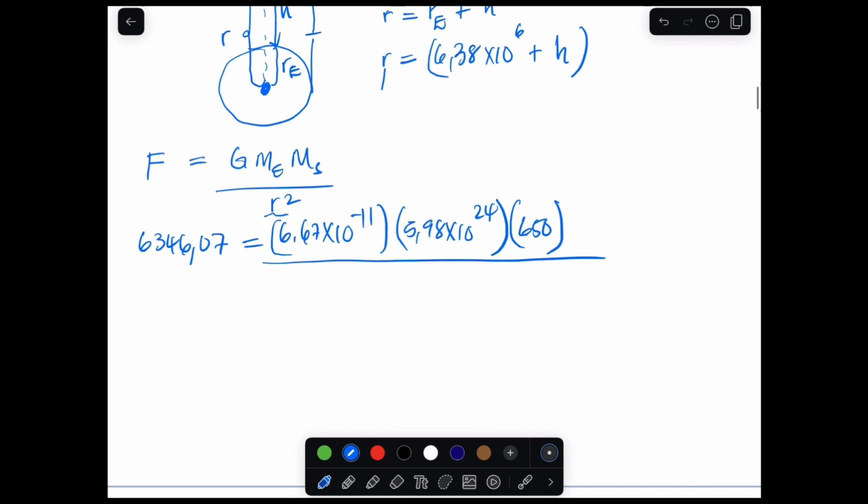We divide, here it comes. Our r, guys, we need to substitute and we square. So it's going to be 6.38 times 10 to the power 6 plus the height, square. Guys, this is going to be a marathon of math, so we really need to understand our math.